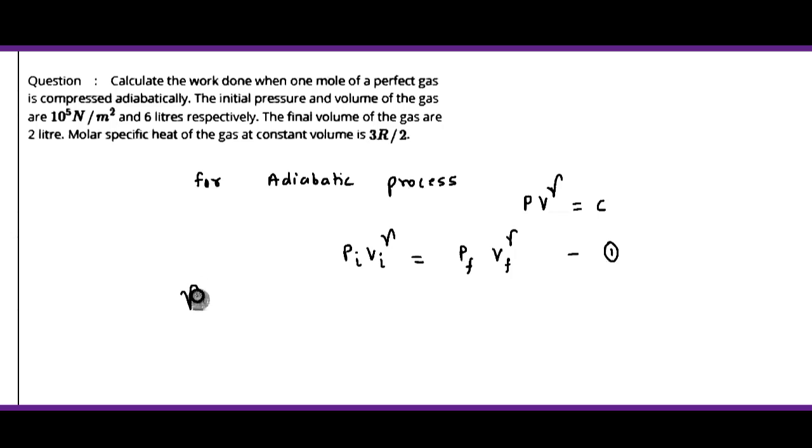Now the adiabatic index, that is gamma, can be written as the ratio of molar specific heat capacity at constant pressure upon molar specific heat at constant volume. From here we have been given molar specific heat at constant volume as 3R by 2.